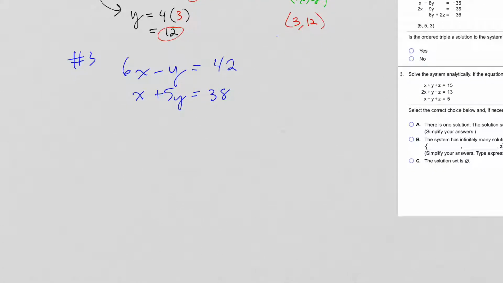As you can see, we can do elimination, but you could also do substitution if you wanted to. If you happen to like that method, you would just solve for x or y. X would probably be the best one to solve, actually the second x.